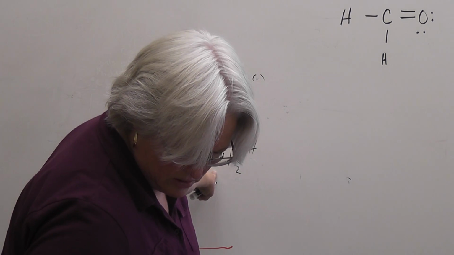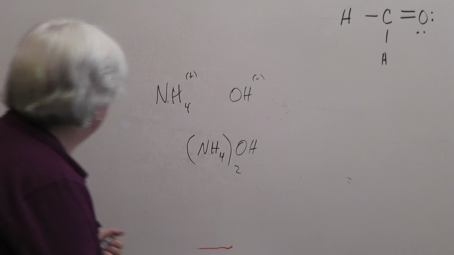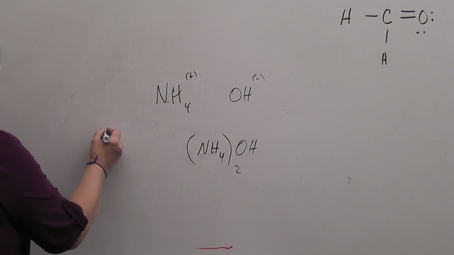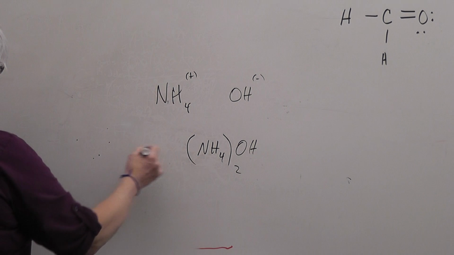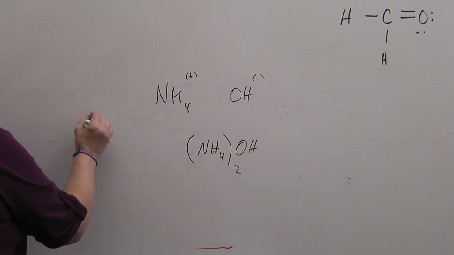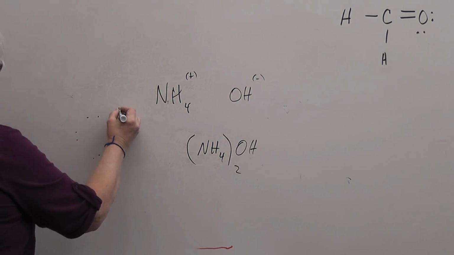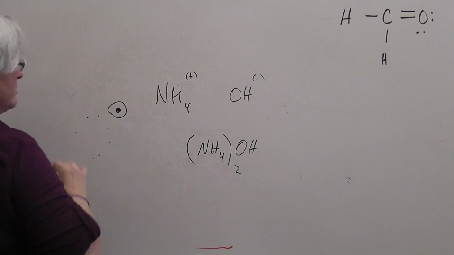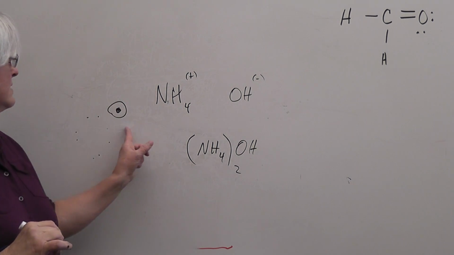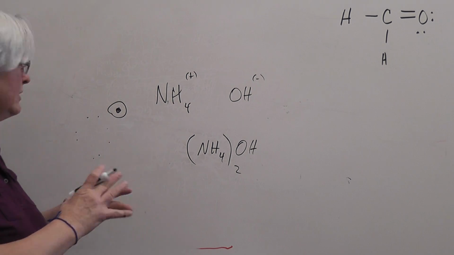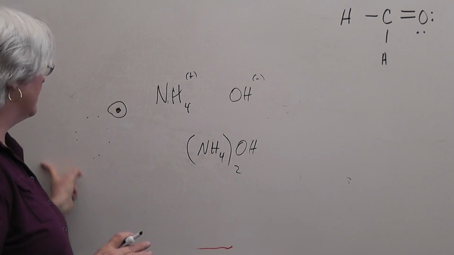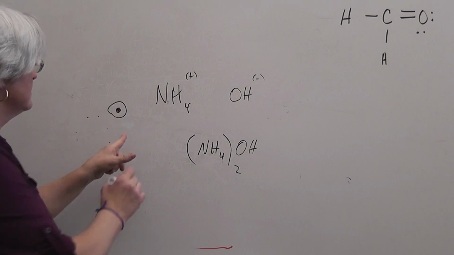Nitrogen and 4 hydrogen. Nitrogen has 5, 3, 4, 5. Hydrogen is 4, 1, 2, 3. It's got this extra one out here that it wants to give away, because it really has 9 electrons out here in its outer energy area. It takes this one.